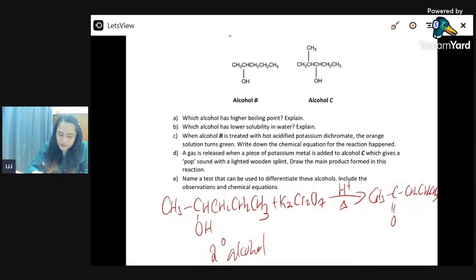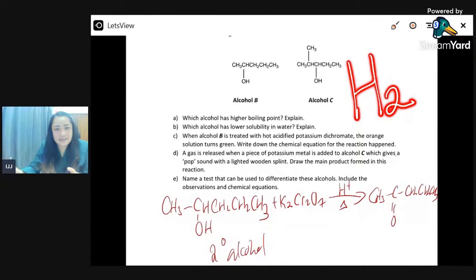Okay. So now the question asks, a gas is released when a piece of potassium metal is added to alcohol C, which gives a pop sound. Now, when there is a pop sound when you test it with a lighted wooden splint, this is a test to indicate the presence of hydrogen gas.